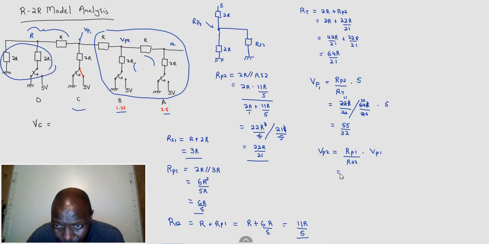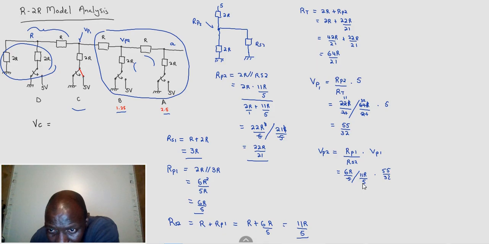So this here is going to be R parallel 1 is 6R over 5, right? Yes. Divide by a fraction again, R series 2, which is 11R over 5, times the voltage V parallel 1, which is 55 over 32. Okay, now let's see. These two denominators can cancel.